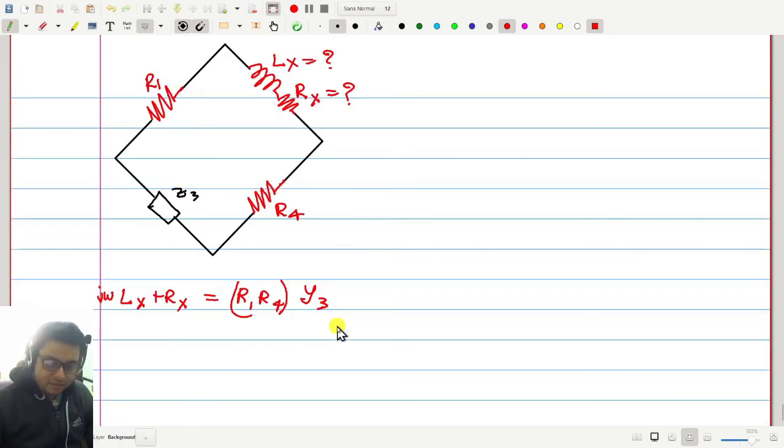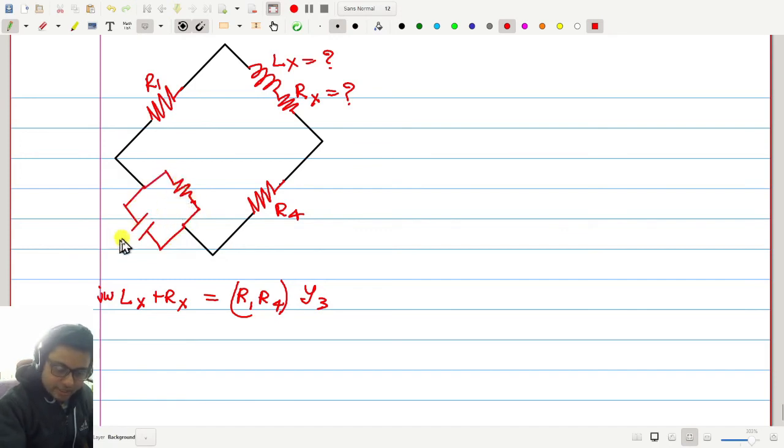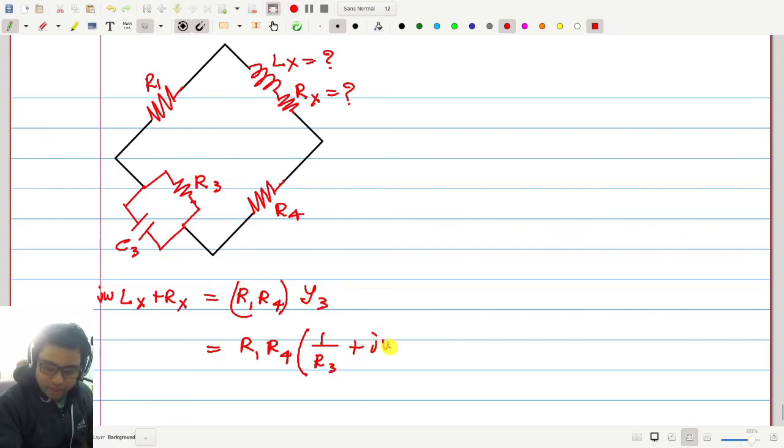Now further let me choose Y3 to be a parallel combination of a capacitor and a resistance. Call it C3, R3. Then Y3 will be 1 by R3 plus j omega C3, and I am done.